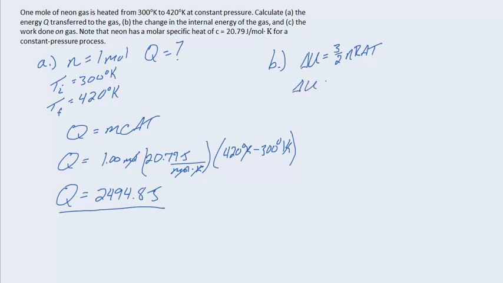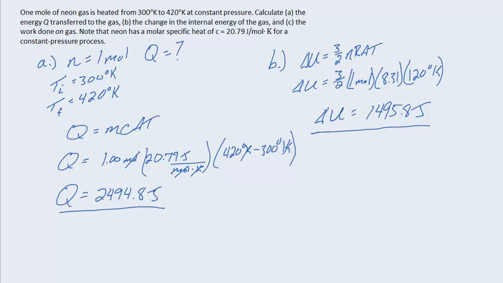So plugging in the values we know, we have 1 mole of gas multiplied by the gas constant of 8.31 times our change in temperature of 120 degrees Kelvin. We see that our change in internal energy for the gas will be equal to 1,495.8 joules.